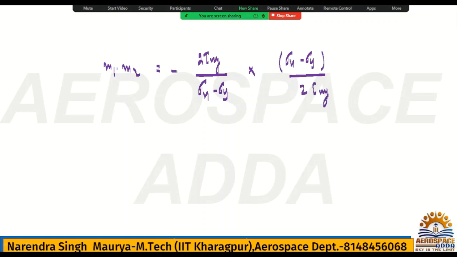It cancels out, and it will be -1. So the product of the two slopes you are getting is -1, and that always indicates it's perpendicular.